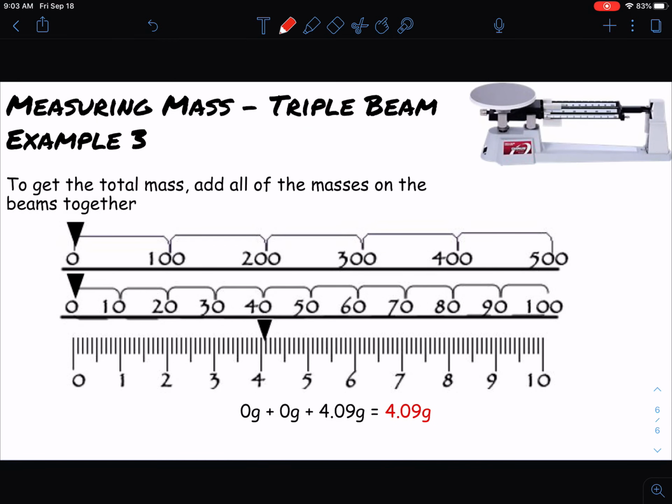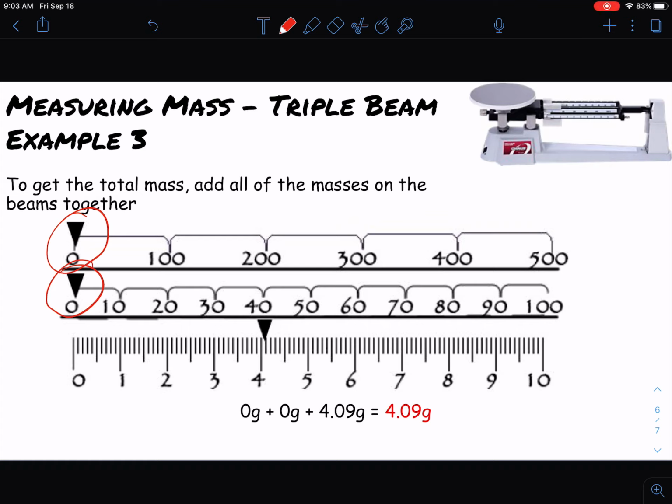And then, finally, on this last example here, you're going to have 2 of the beams that are at 0. And that's fine. We're going to read it the same way again.